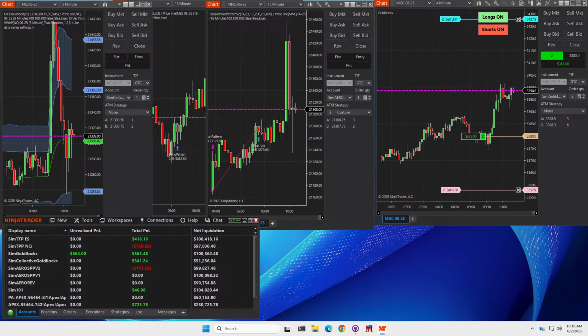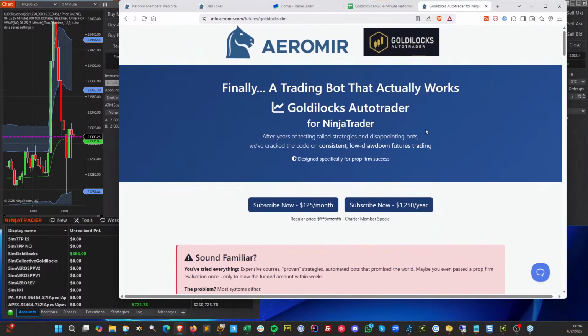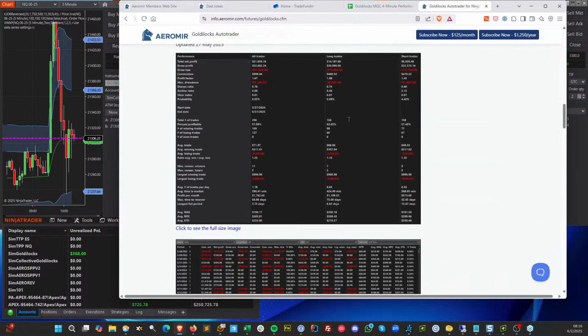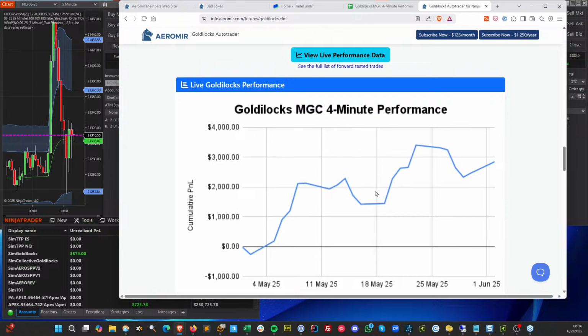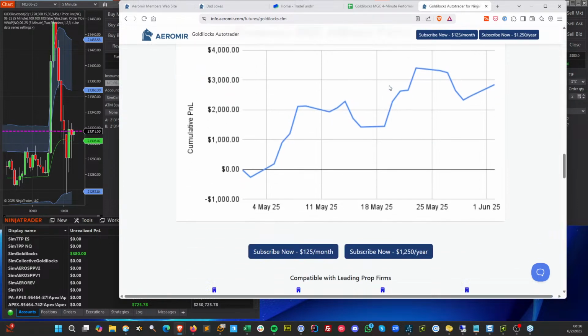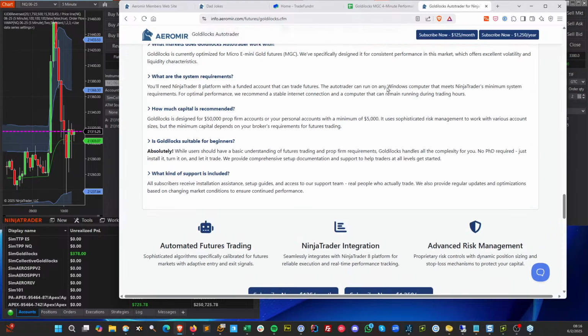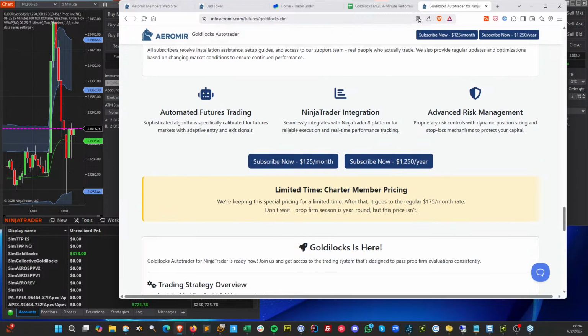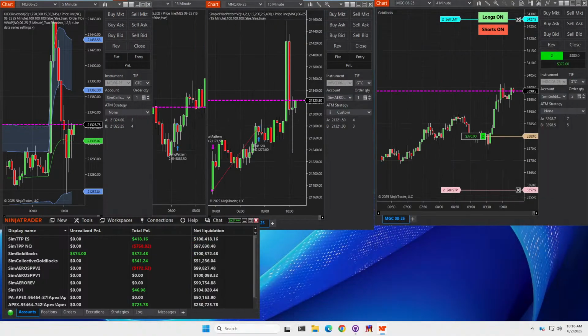So if you go to aeromir.com/Goldilocks, that's the information page where you can see all this information. This updates in real time. So that's kind of cool. Our live forward testing has been validating our back testing pretty well. It's pretty close.